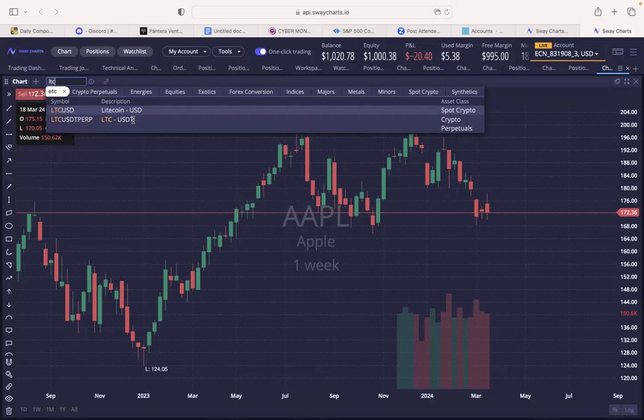What do you call it? I drew a blank. We're using leverage, right? So LTC USDT perpetual crypto contracts. It's perpetual because it doesn't really expire.